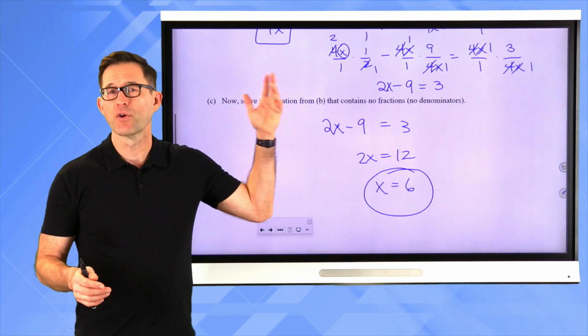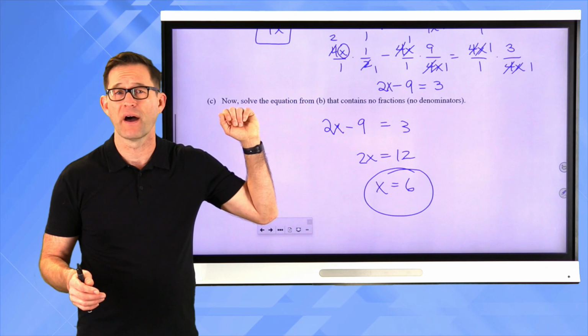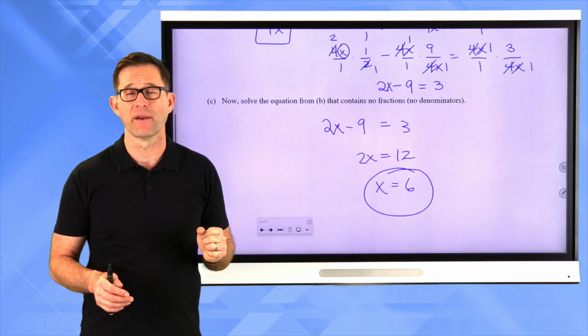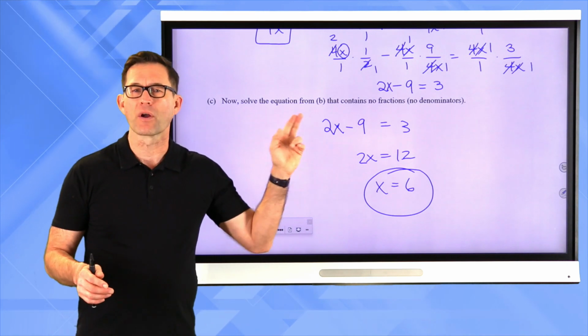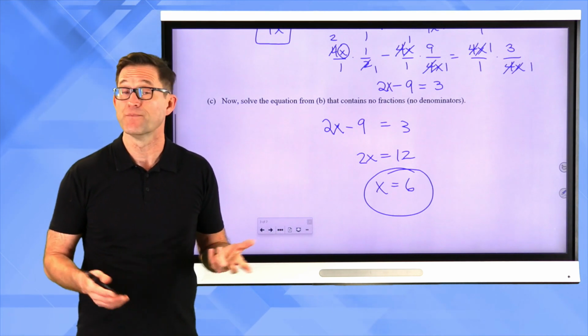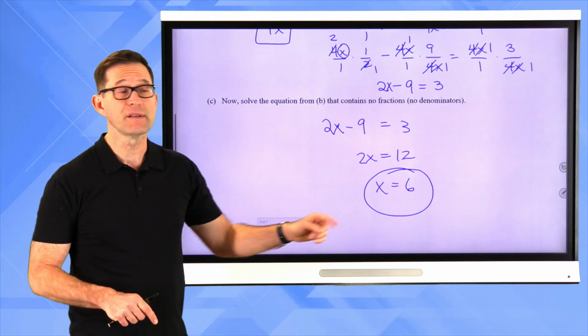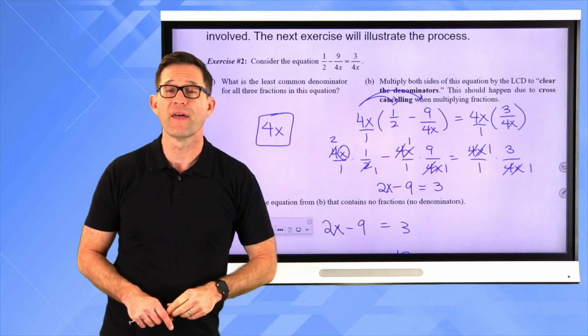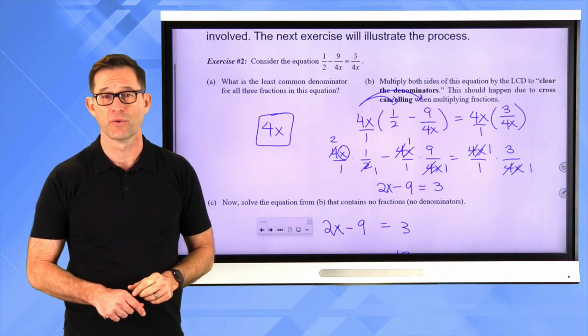If I could have multiplied everything by 8x or by 12x or something, that would have all canceled the denominators, but it would have left me with a more complicated equation here to solve. Again, don't forget, I could easily check that x equals 6 is a solution by storing it in x, typing in that equation, and I would see that it was true.